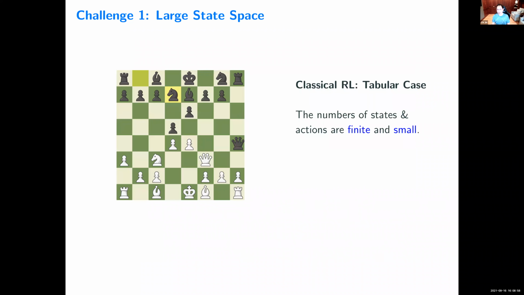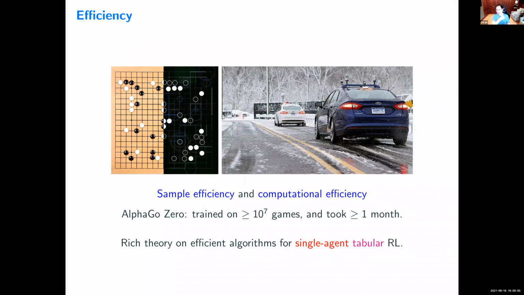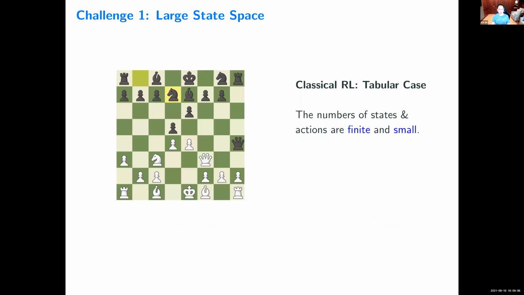However, what happens in practice, as my title suggests, is that we want to deal with both multi-agents and a large state space. So we will see what those challenges are. The first challenge is that instead of the tabular setting, we do want to look at the large state space. What do we mean here? In classical reinforcement learning, we call it the tabular setting. What it means is that the number of states and actions are both finite and small.